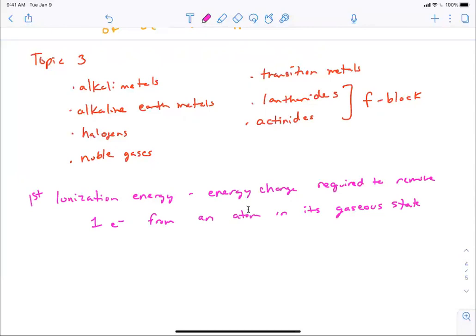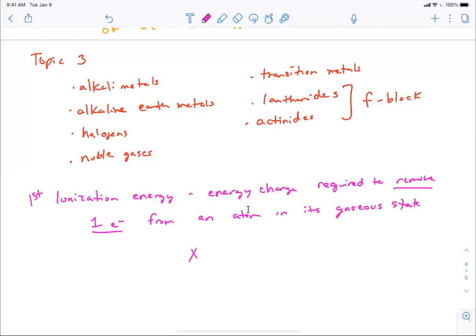Because once you lose that first electron, now it's an ion, so no longer are you losing from an atom anymore. The second, third and fourth ionization energies are just losing from the species after it's already lost one. Key idea here is, again, removing that electron, and that is an endothermic process.